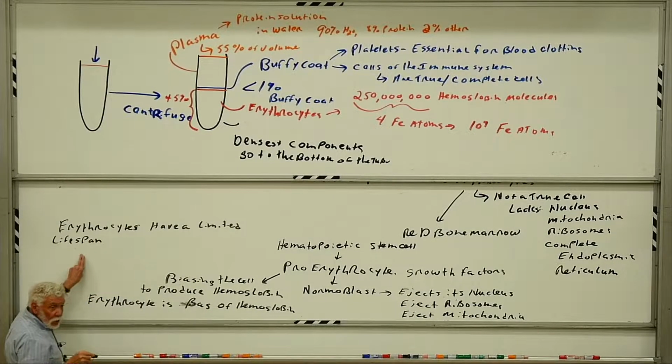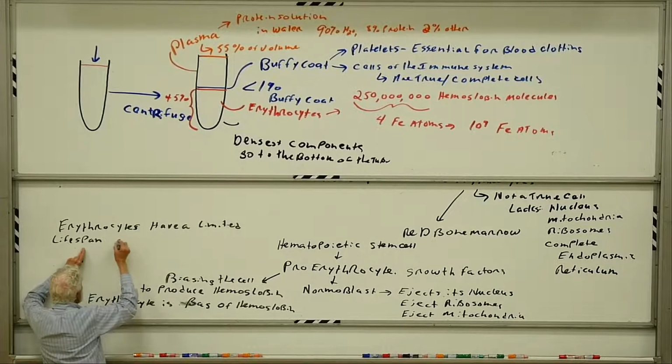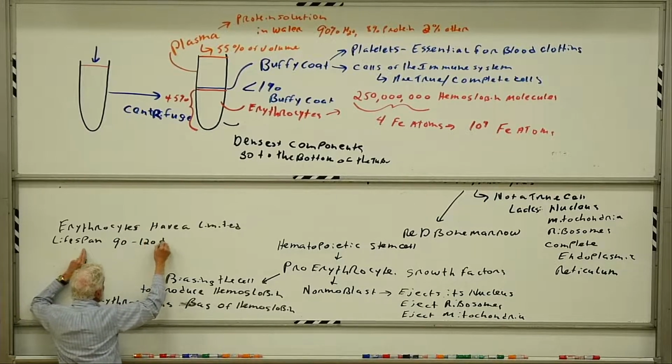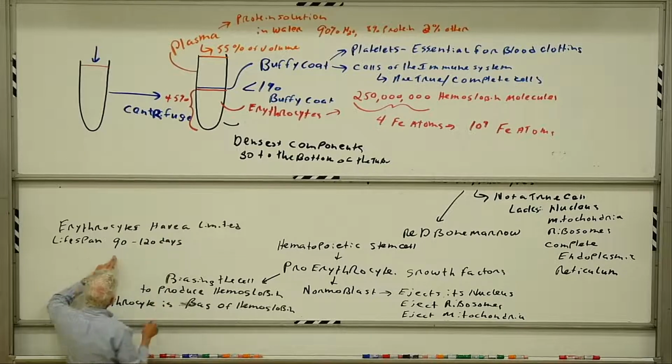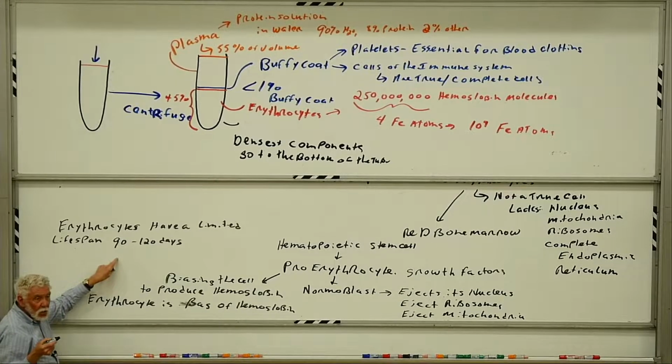Typically, an erythrocyte that's born today in your red bone marrow, this lifespan is going to be something between 90 and 120 days. Effectively, they wear out, and those proteins that are worn out can't be replaced. These erythrocytes have gotten rid of their protein synthesis machinery, so they only last about 90 to 120 days.